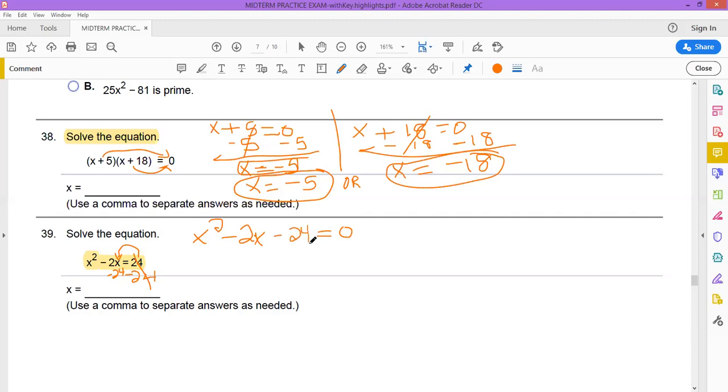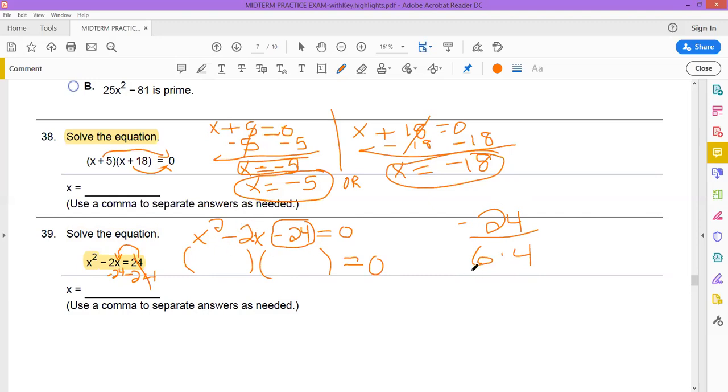We're going to factor. So we want to open our parentheses, and we got to find two factors that multiply together to give us negative 24, but when we add them, we get negative 2. And we're looking for factors of negative 24. 6 times 4 would work, right? But we have to decide which of these terms should be negative.